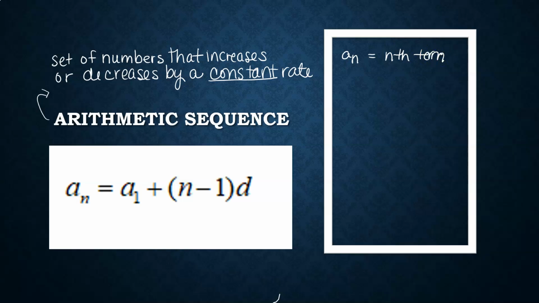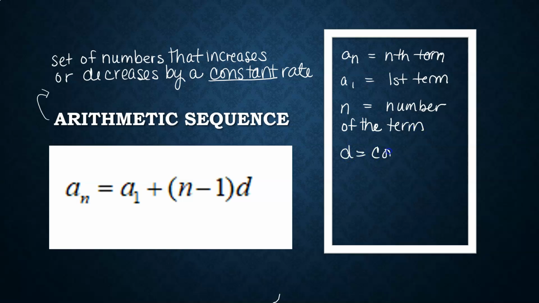A sub 1 is the first term of the sequence. N is the number of the term, like the first term, the second term. And d is the common difference.